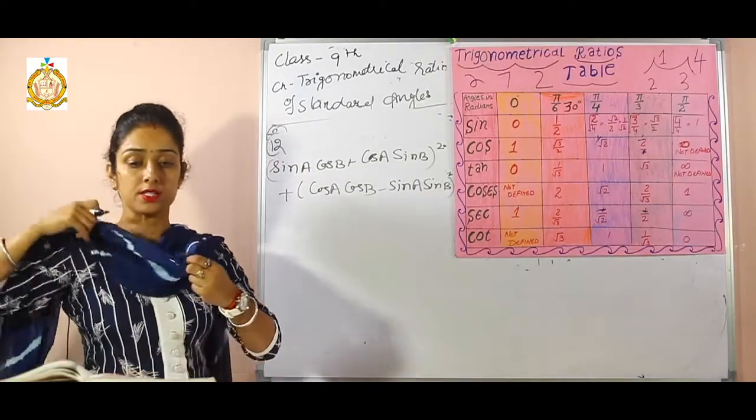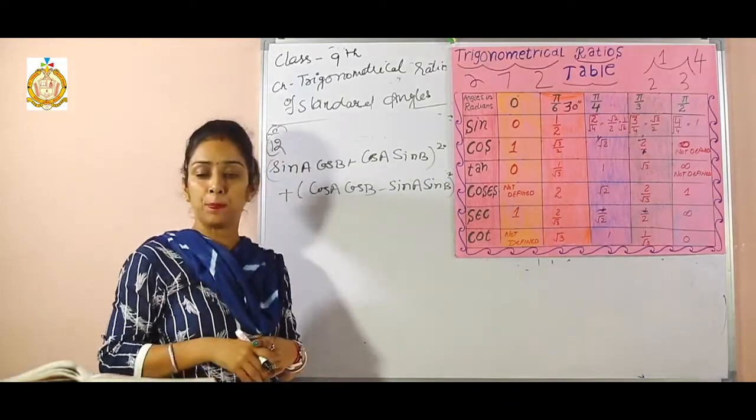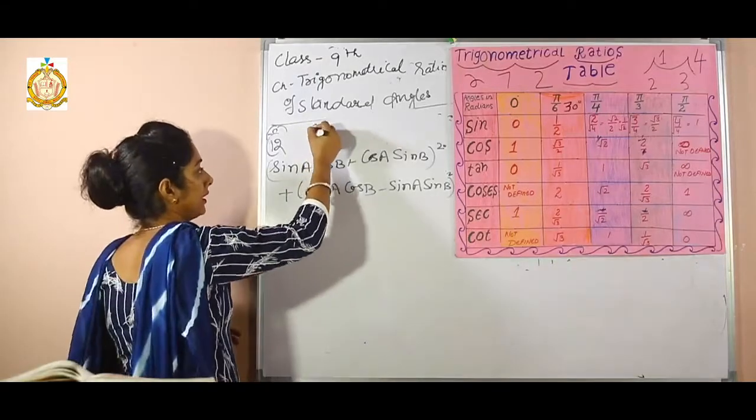Now here A is 60 degree and B is 30 degree.